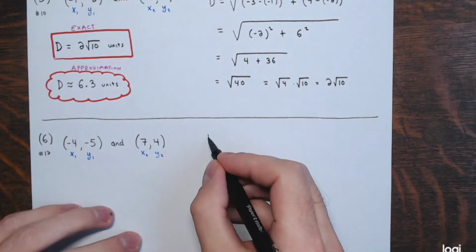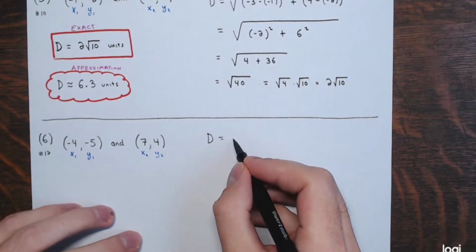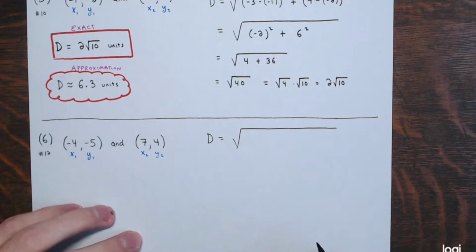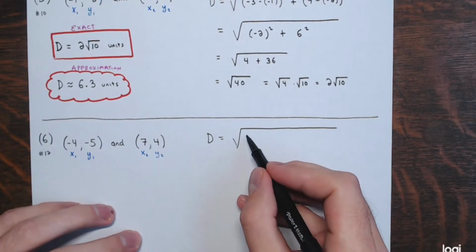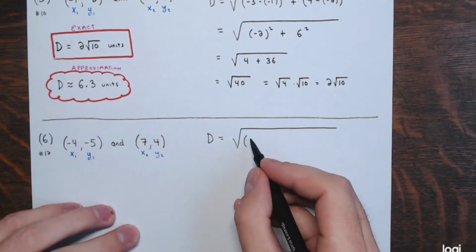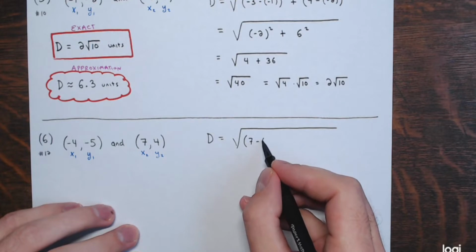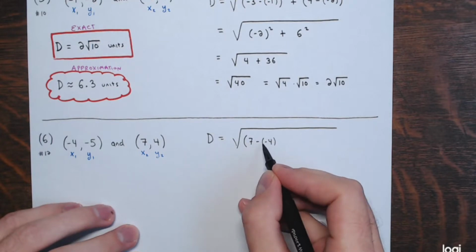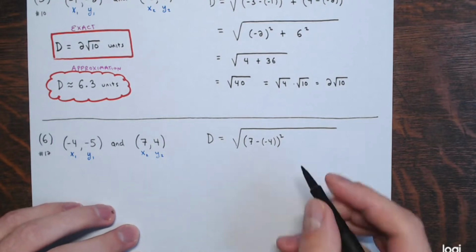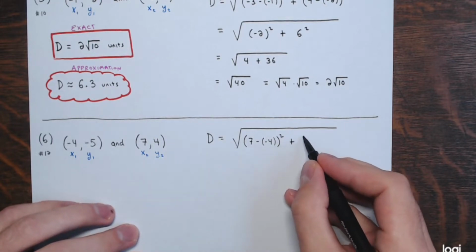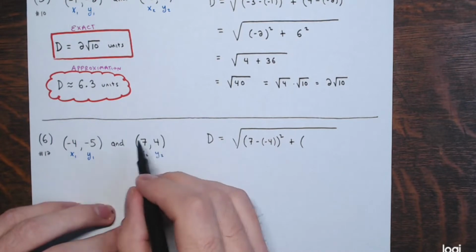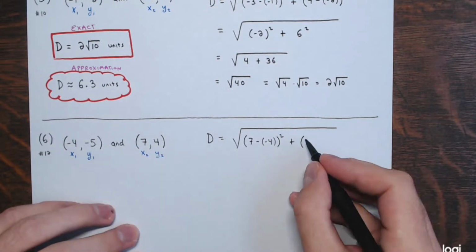And the distance between these points on the plane is the square root, big square root, of the change in the x-coordinates squared. So 7 minus -4, which will be 7 plus 4, or 11, and then you're going to square that, plus the change in the y coordinates squared, 4 minus negative 5.